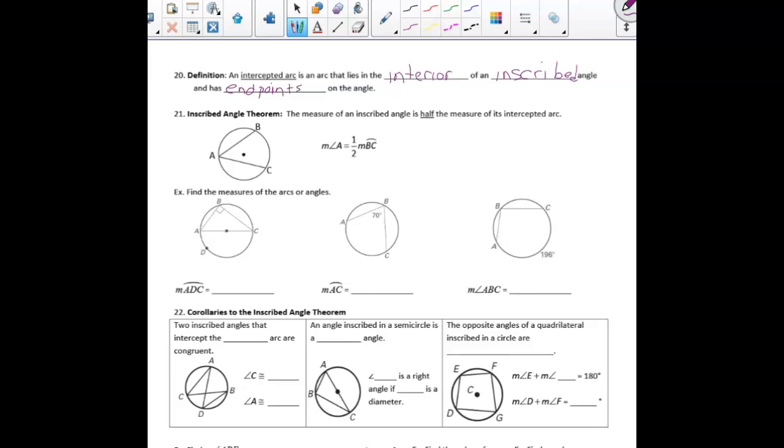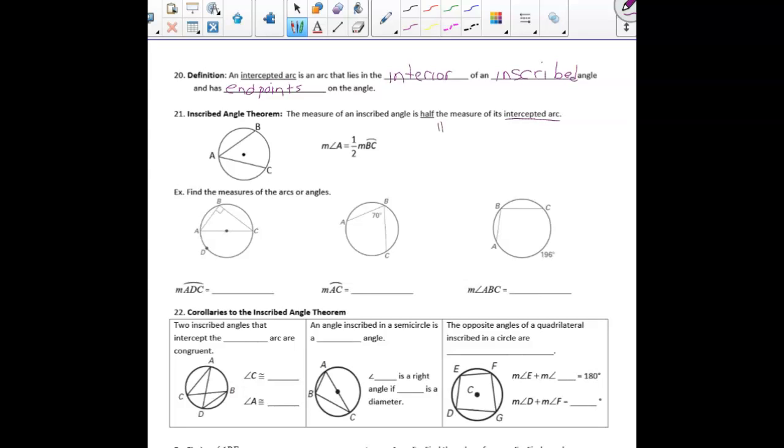Okay? Now, we first really only care about the inscribed angle theorem. What is the measurement of the angle? What is the measurement of the arc? So the measure of an inscribed angle is half the measure of its intercepted arc.